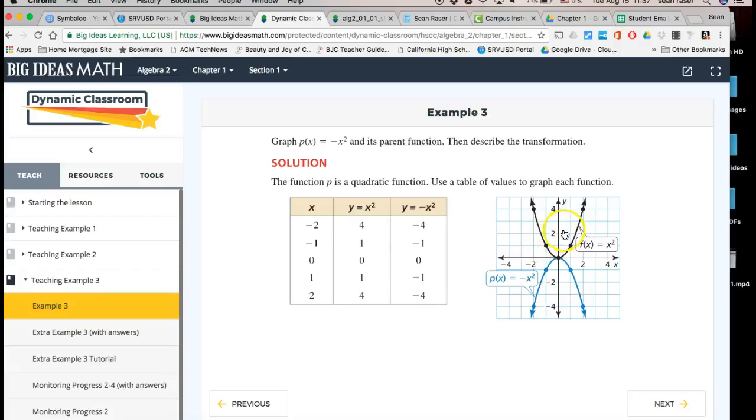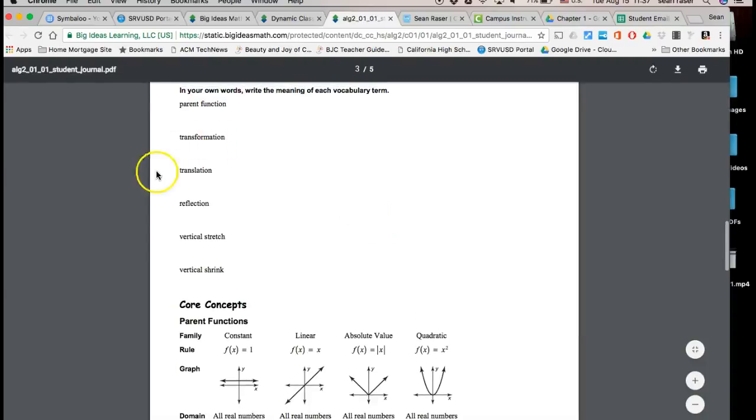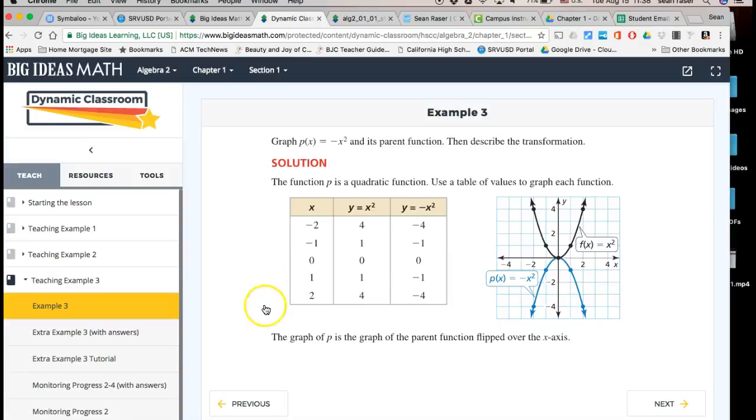But what's happened is our new graph has flipped over the x-axis. So if we look back at all of our different terms, we know that that's a reflection. So you know that it's just the parent function flipped over the x-axis, which is just a reflection over the x-axis of the parent function.